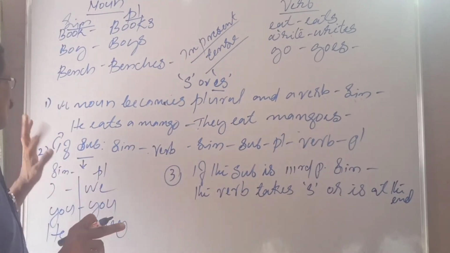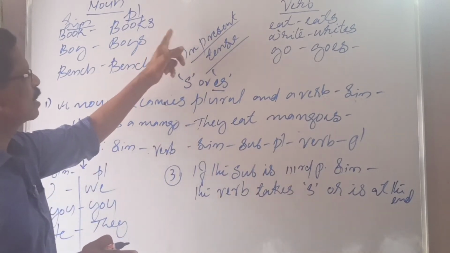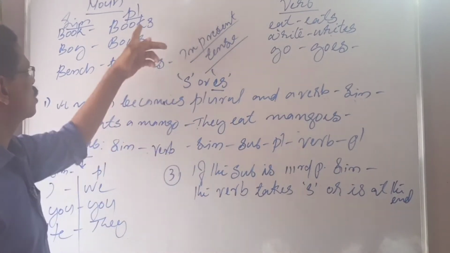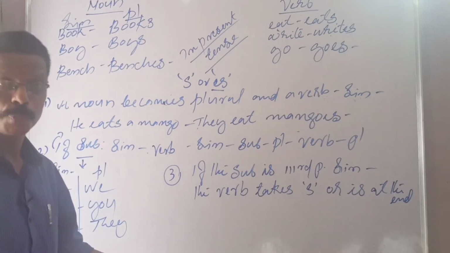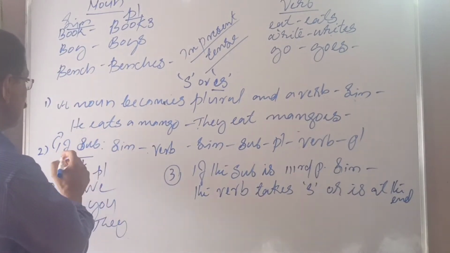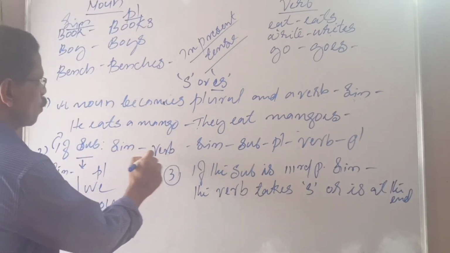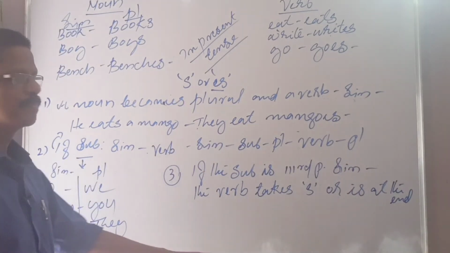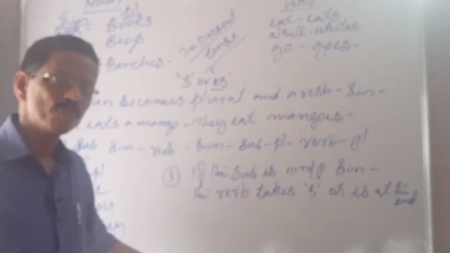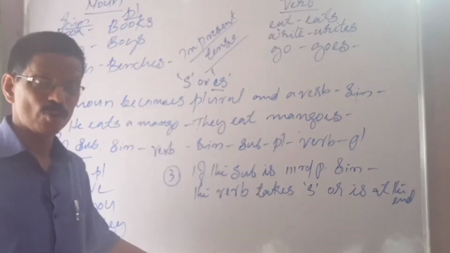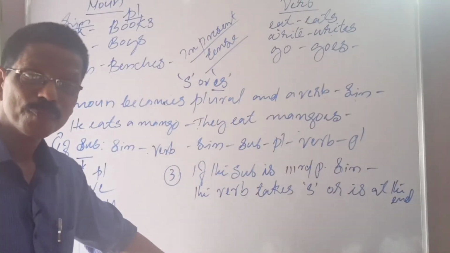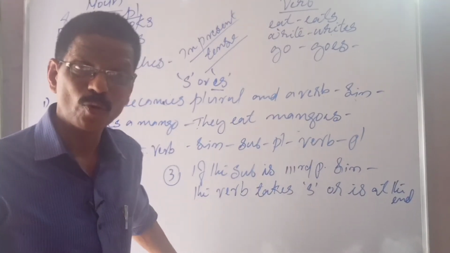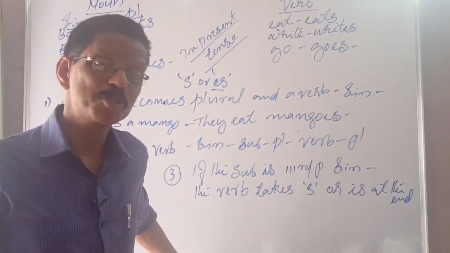See, why do you change this into singular and this into plural? Because if the subject is singular, the verb must be singular. Is it not so? Is it clear to you? If the subject is singular, the verb also must be singular.